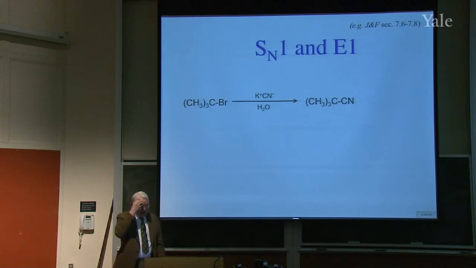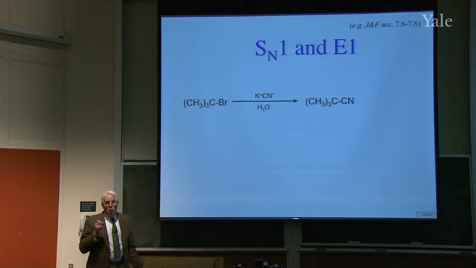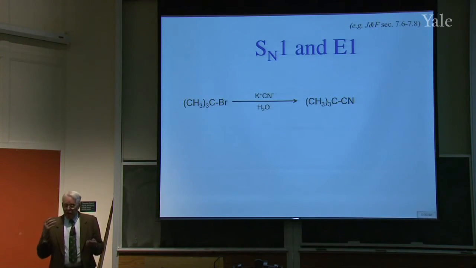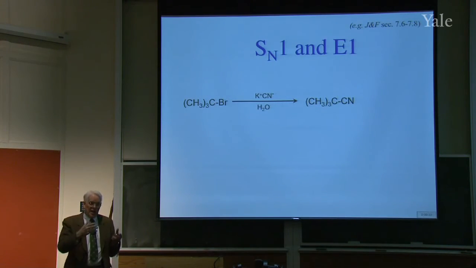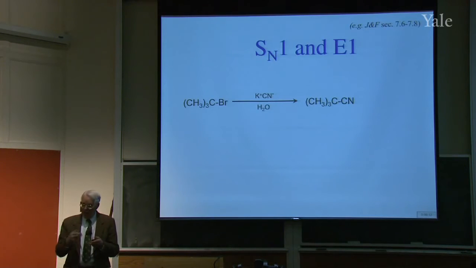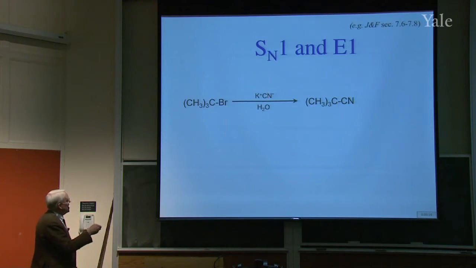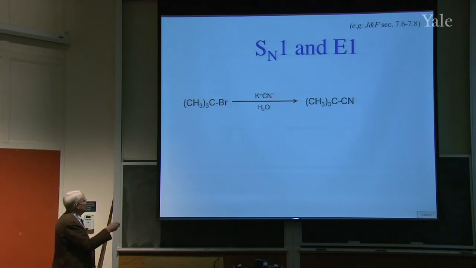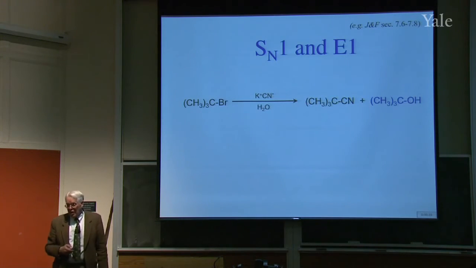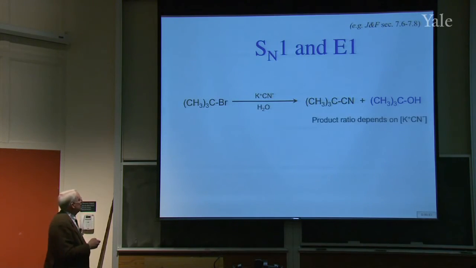So now you can have SN1 and E1 as well. In the case we just talked about, if you put more hydroxide in, the starting material goes away more rapidly, right? Because the elimination is dependent on hydroxide. But in the case here, where it's cyanide, the high HOMO doing the attacking, you find that you get not only the cyanide substitution, but you also get substitution by water, right?